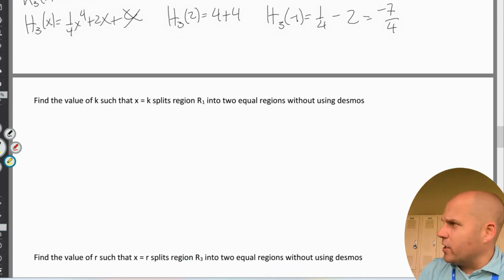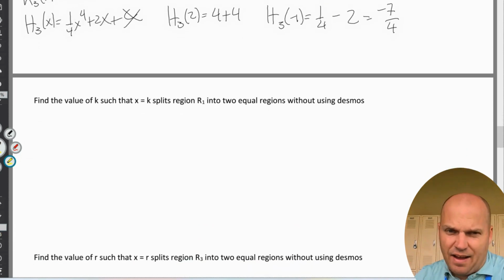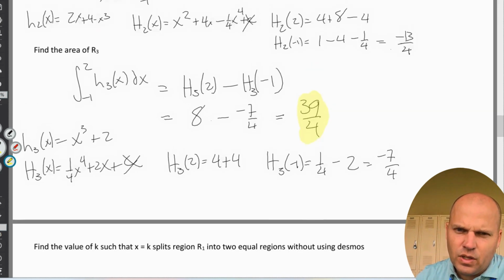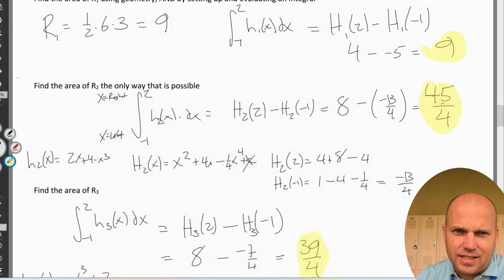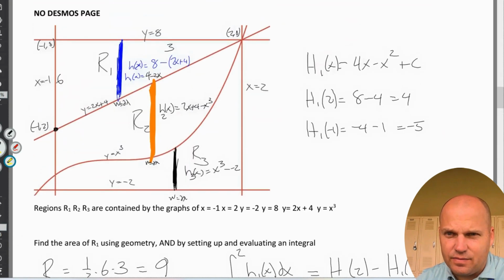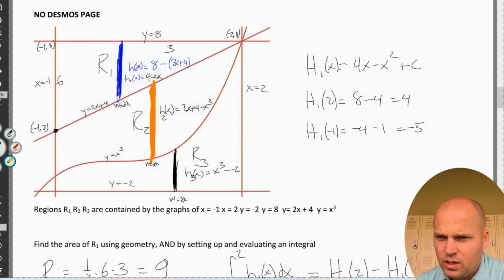Now, we are going to split regions in half. The idea behind this is that there is a line out there. The line is at some x equals k.